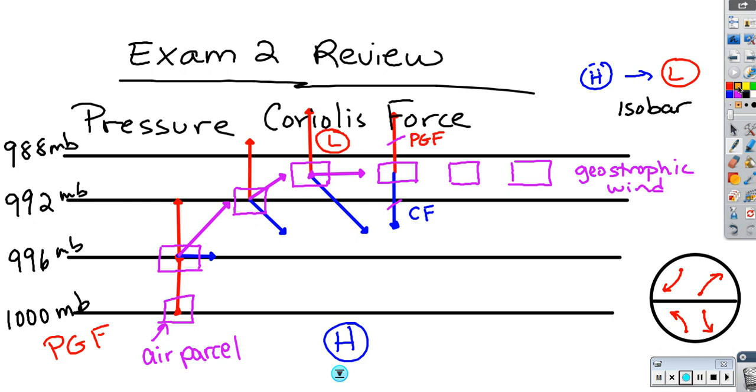But the overall motion, if you sort of connect the dots here, is a rightward deflection by the Coriolis force until the Coriolis force and the pressure gradient force match up. Then there's no more deflection at that point.